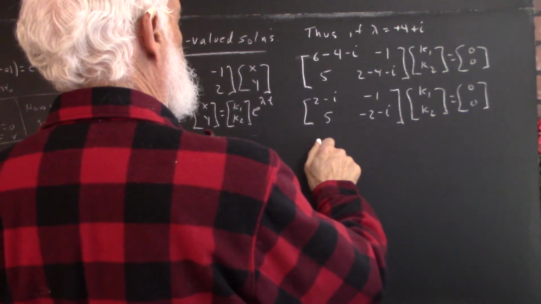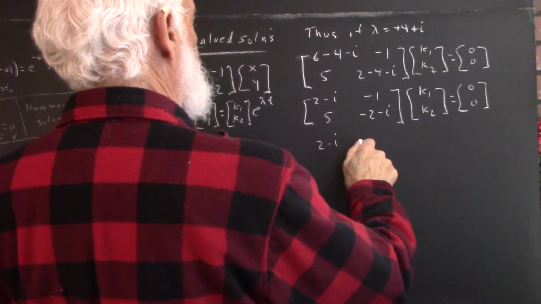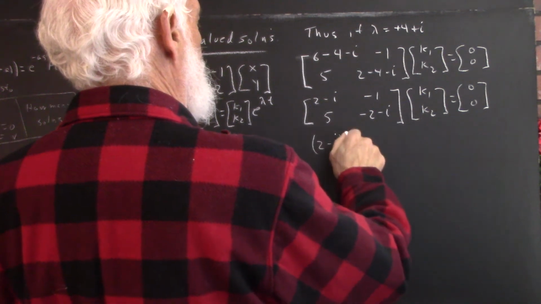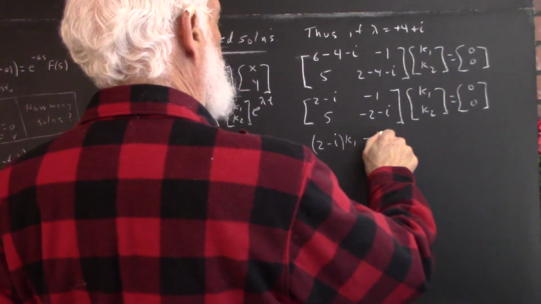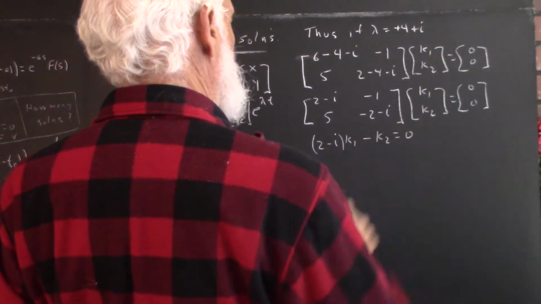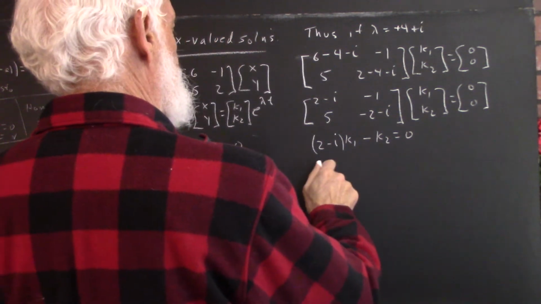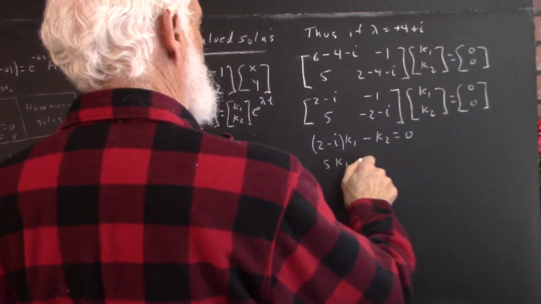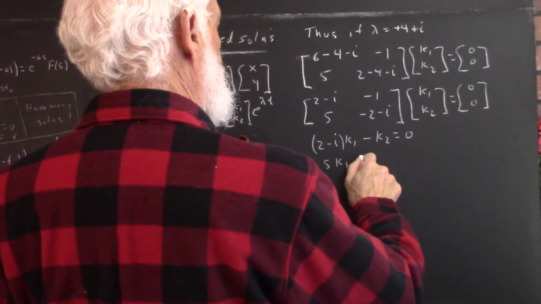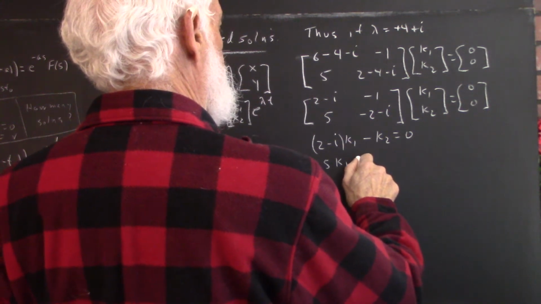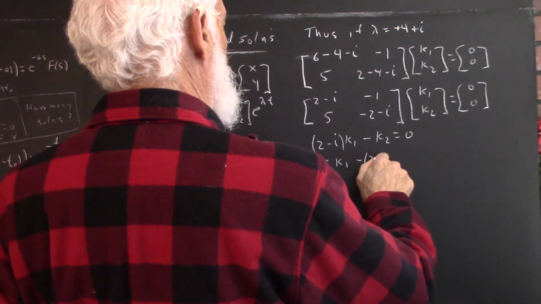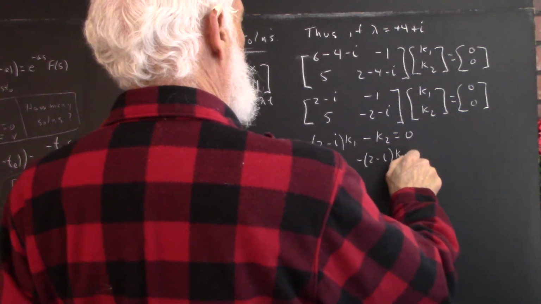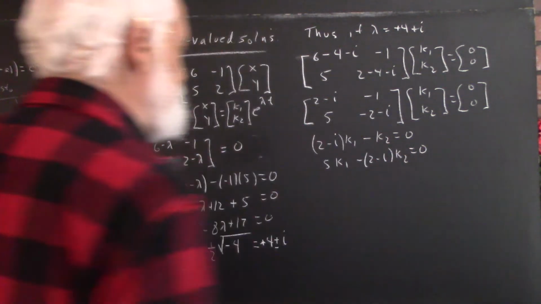I'm not sure this is going to work, but we're going to try it. So we get 2 minus i times K1 minus K2 equals 0. And we also get 5 K1 minus 2 minus i, K2 equals 0.